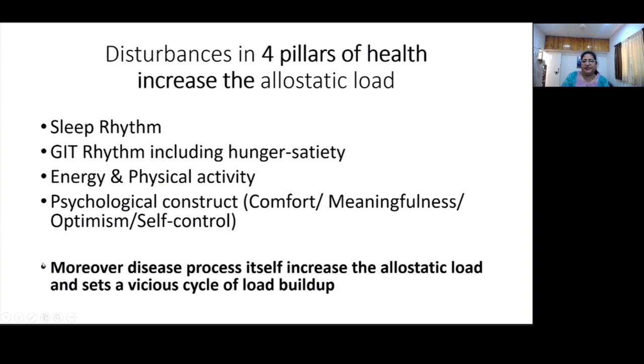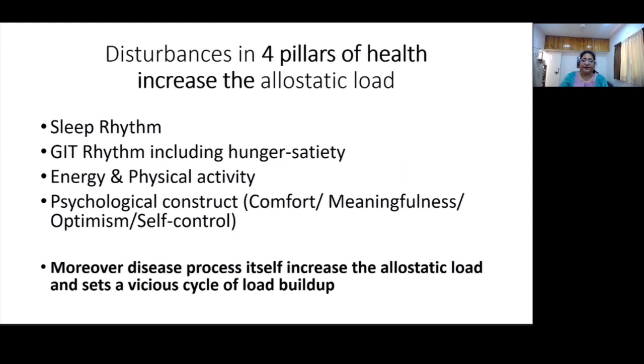So if there is a disturbance in the sleep rhythm, the GI rhythm, which includes hunger, satiety, energy and physical activity rhythms, and the psychological construct, comfort, meaningfulness, optimism, self-control, then it adds up to the already established allostatic load. And moreover, the disease process itself increases the allostatic load. And this sets up the vicious cycle of allostatic load buildup.